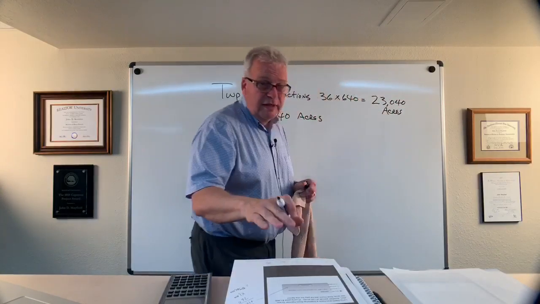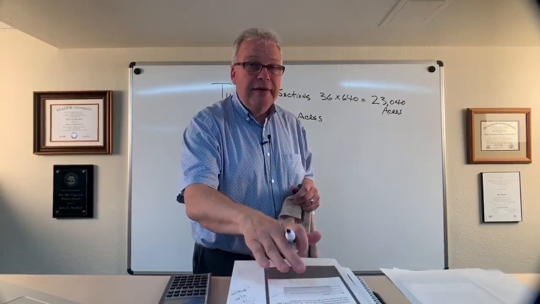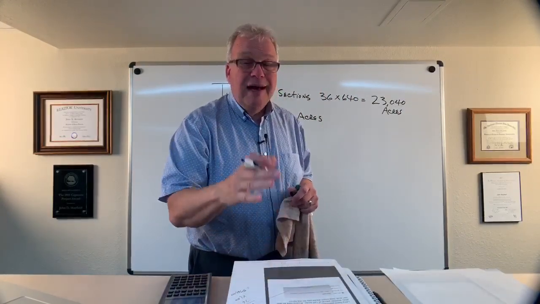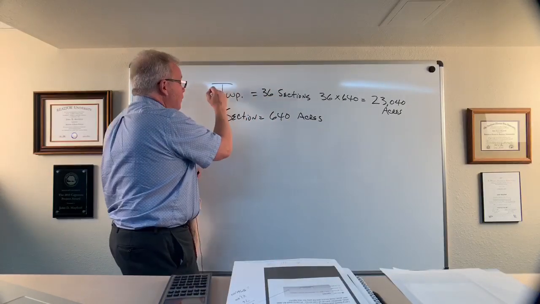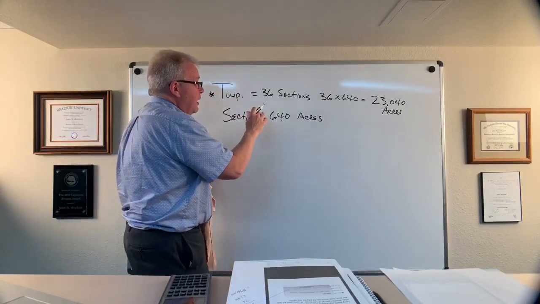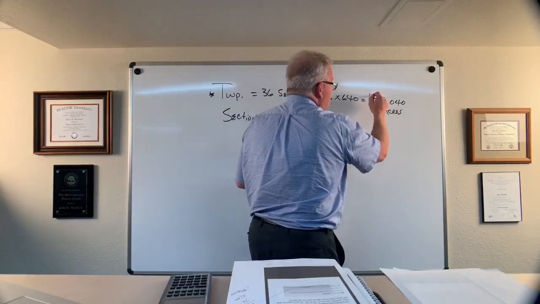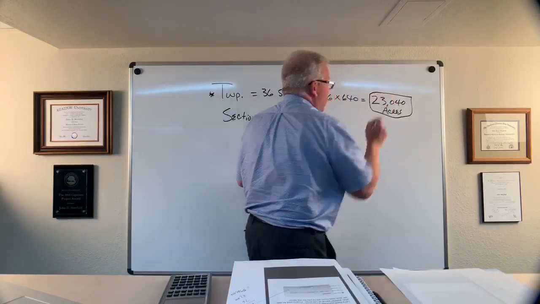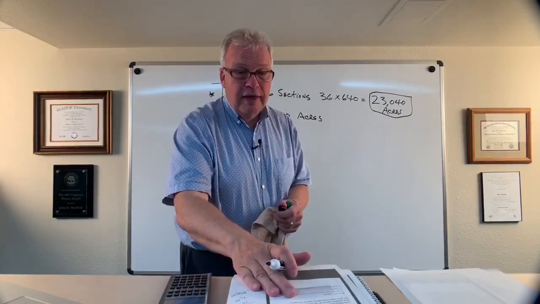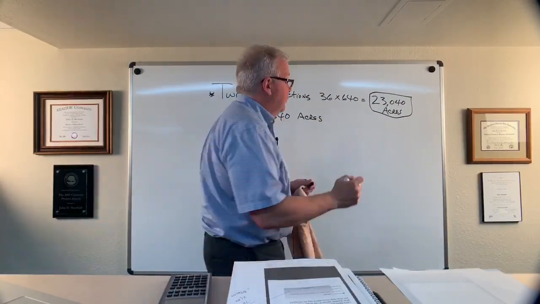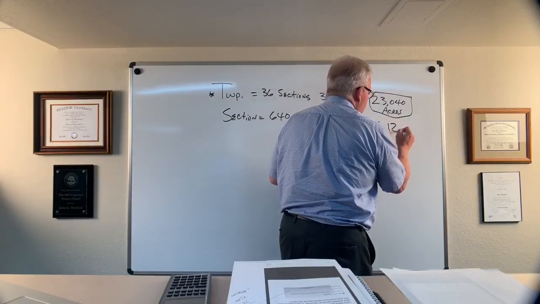Now, when we read this problem, it says Larry Davis purchased a township. This is what he purchased from Farmer Grant. So he purchased 23,040 acres. Plus, it says, another parcel of 120 acres.